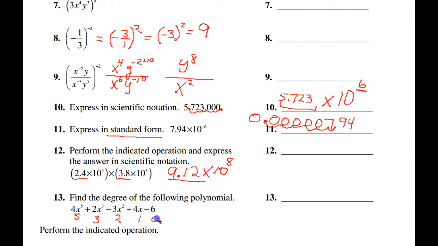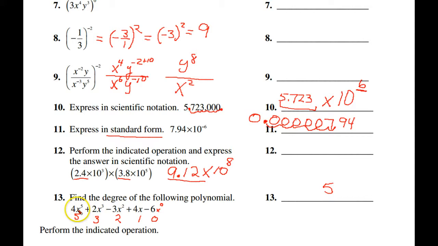And this one is 0. Remember, there could be an x to the 0 power there. That is just 1. So, the degree of a polynomial, by definition, is the degree of its highest single term. And here, its highest single term degree is 5. So, the degree of that polynomial is 5.